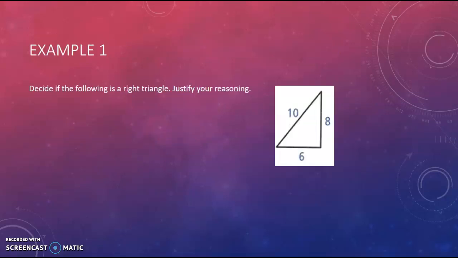So example 1: decide if the following is a right triangle and justify your reasoning. Our largest side, C, is always the largest side. That is the way it has to be.